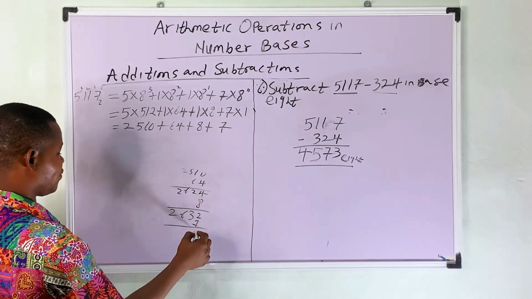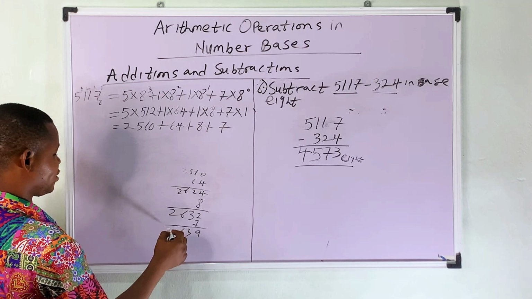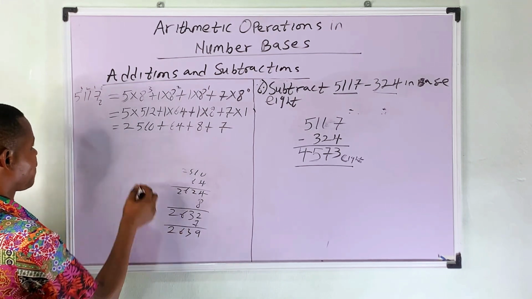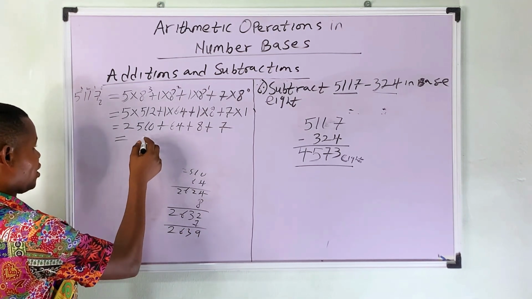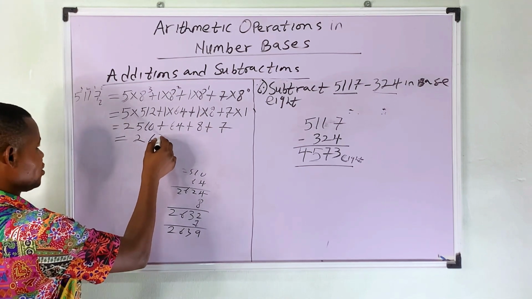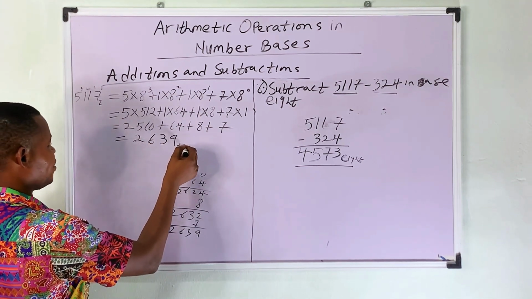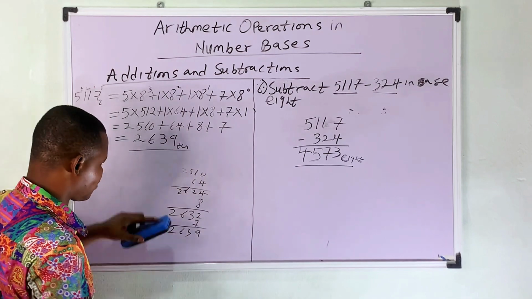Plus 7, we have 2639. This is in base 10.